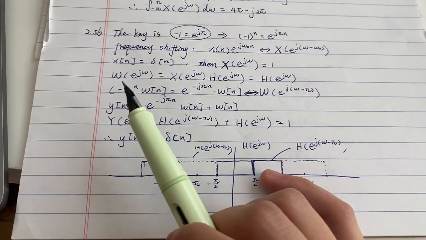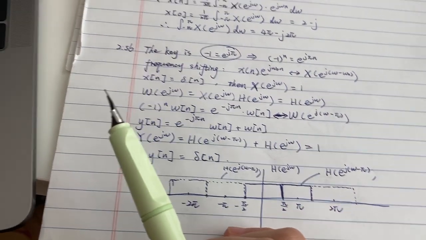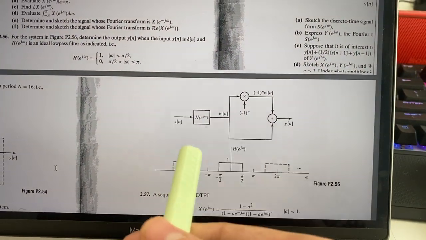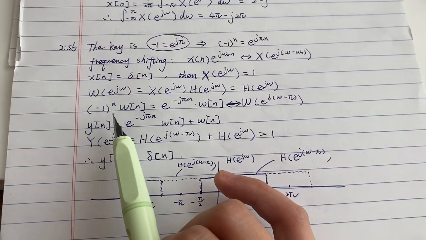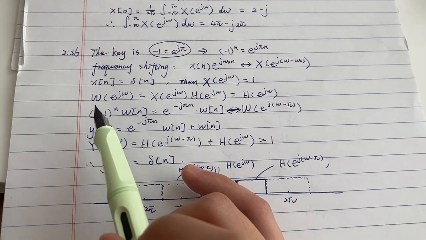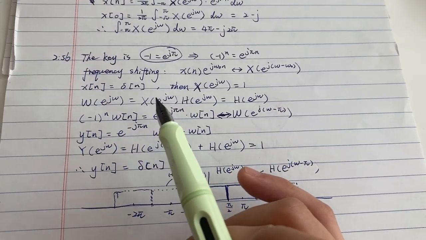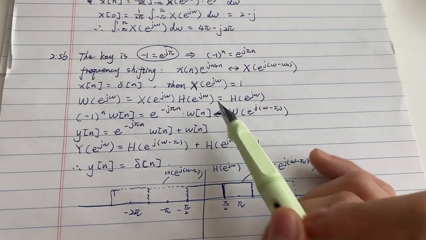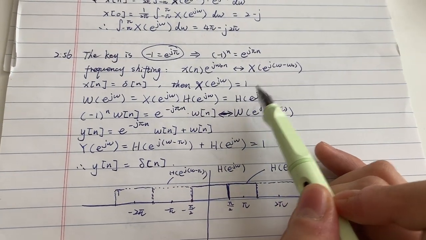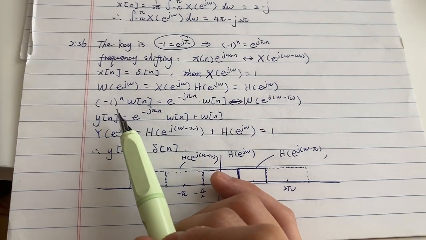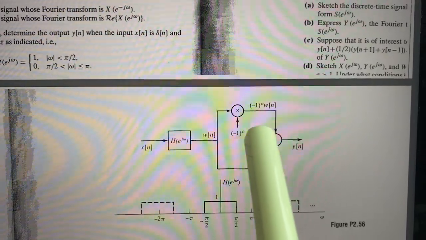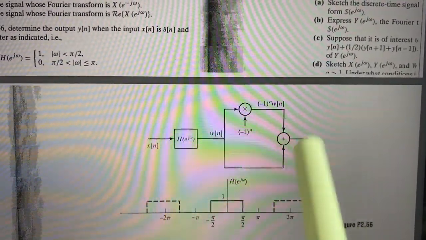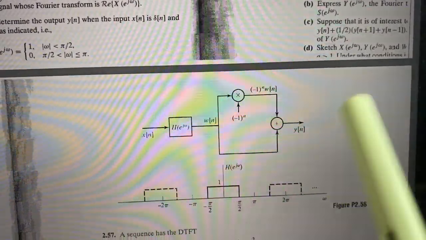After that, we know that the first output we can get here is w[n]. So here, in the frequency domain, W equals big X multiplied by big H, which also equals big H, because big X equals 1. And then for this system, we're going to do -1 to the power n multiplied by w[n], plus w[n] itself, and get y[n].